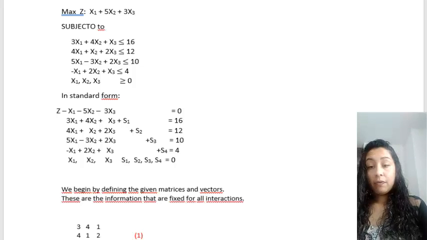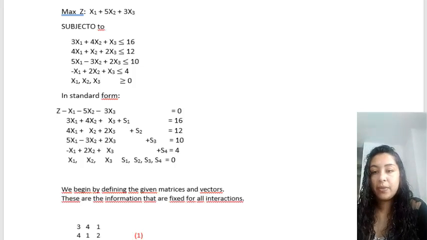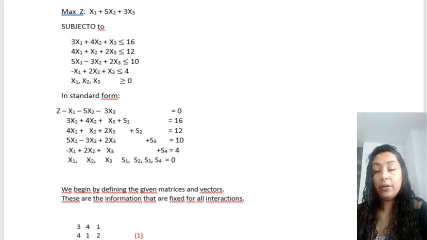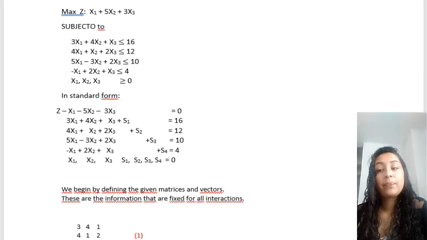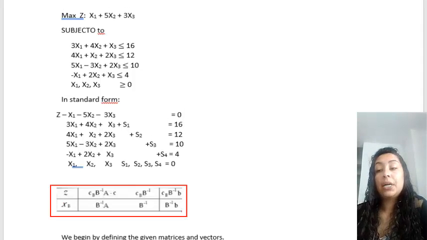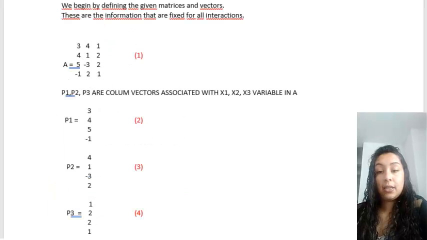The steps of the revised simplex method are basically the same as the simplex method, except that in this case you don't have a table and you only deal with matrices. So let's start. The matrix is then defined.